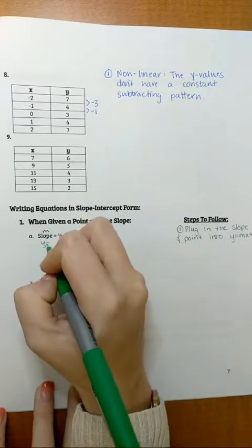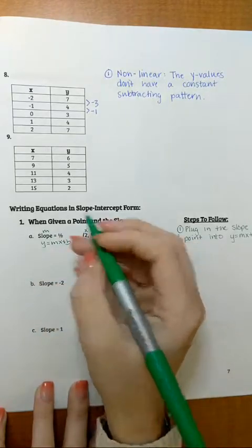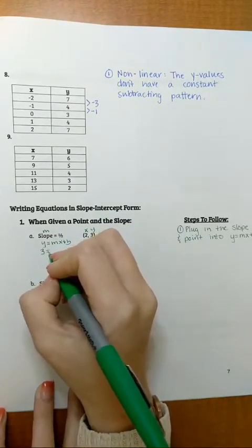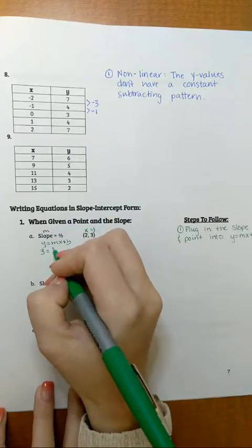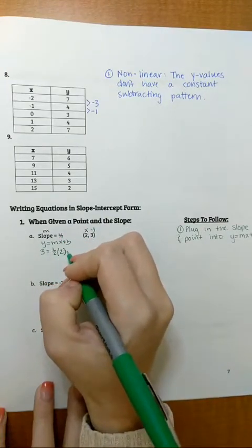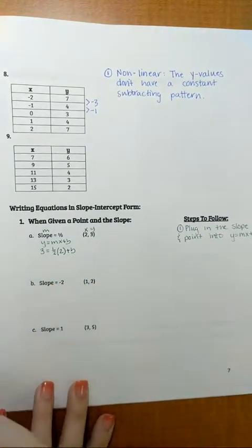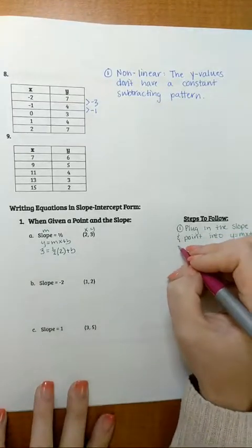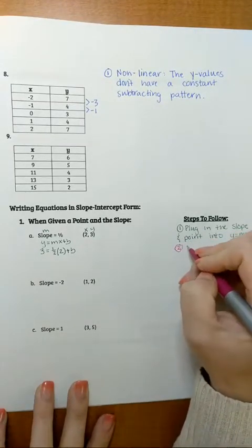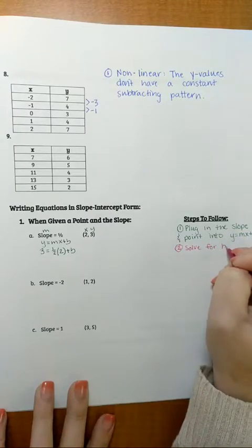So you're plugging in your 3 for y, your 1/2 for m, your 2 for x. Then step 2, you are going to solve for b.